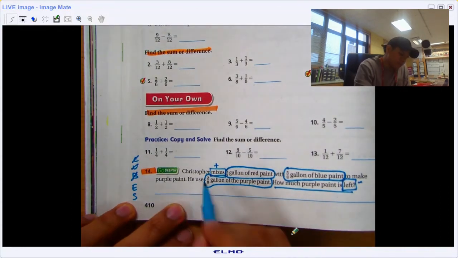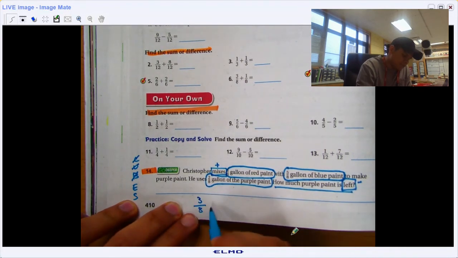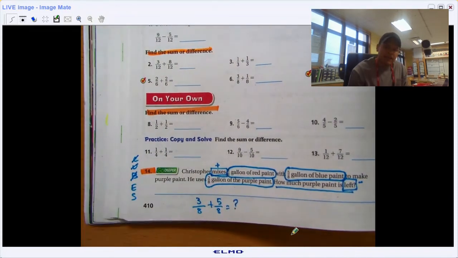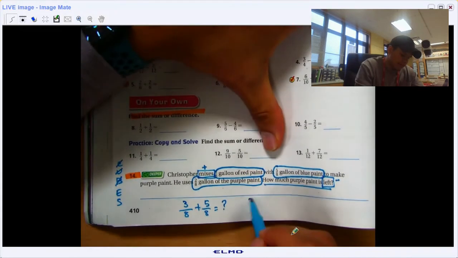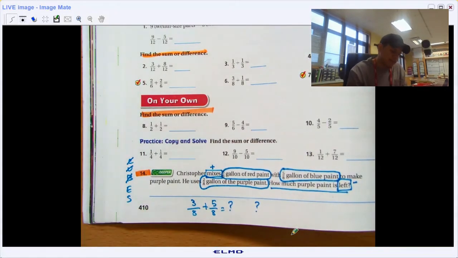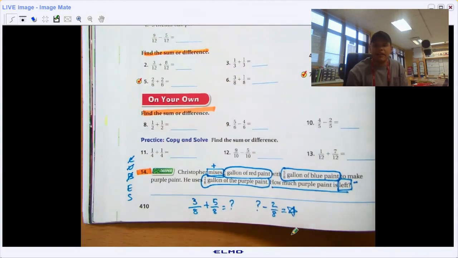So I need to add 3/8 plus 5/8 to equal some number. And then I'm going to take that number, and since I use 2/8 gallon of paint, then I'm going to subtract 2/8 gallon of paint to get my answer.